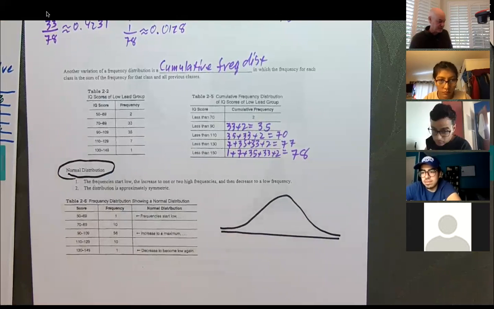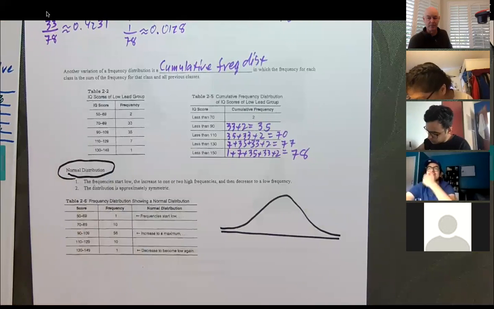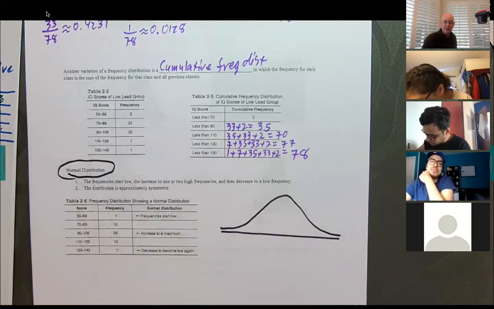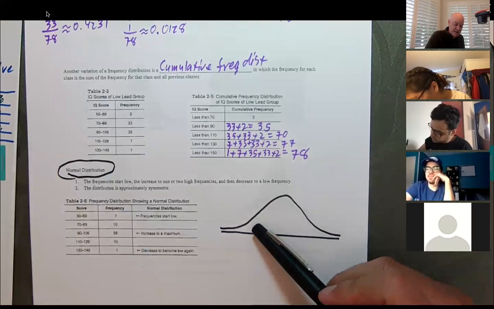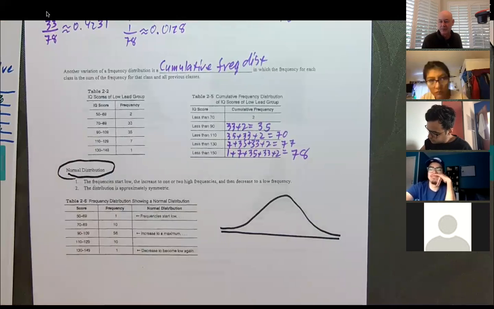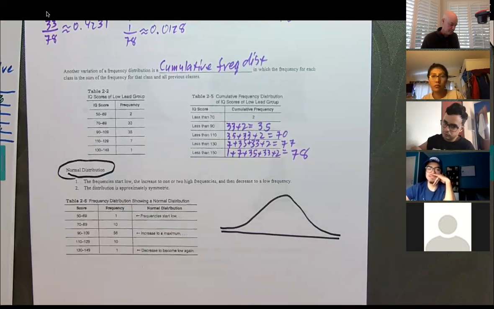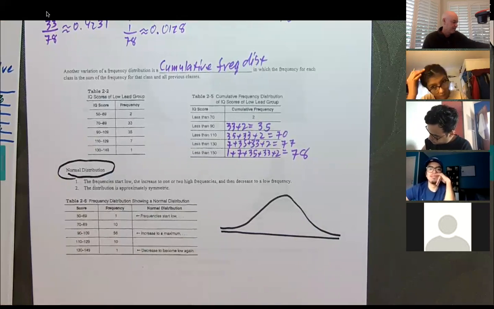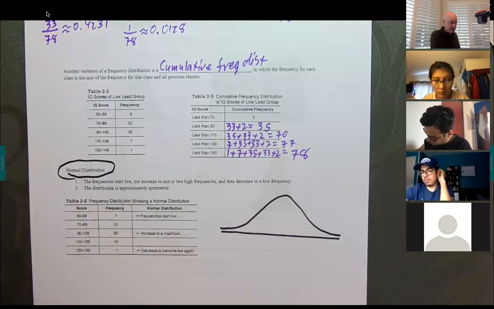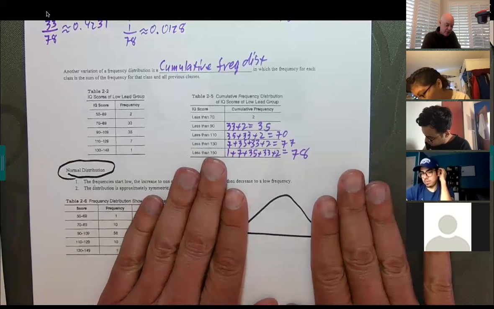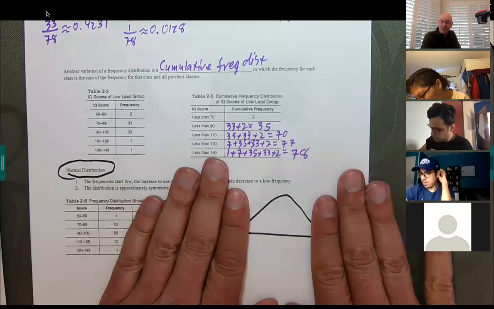And this is sometimes referred to as a bell curve because it looks like an upside down bell. And eventually we'll be very interested in how much area is underneath this curve. So this whole idea of the vast majority of the data or information is going to be in the middle.